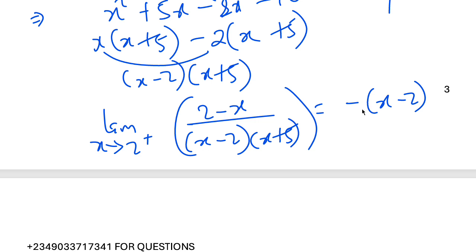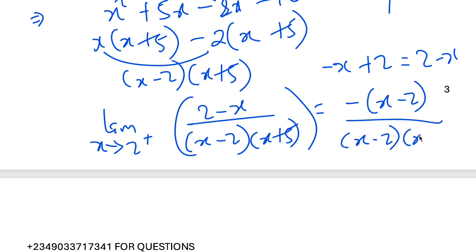If we open this, negative x, negative times negative is positive, gives negative x plus 2, which is 2 minus x. And this cancels with the denominator, and we're left with negative 1 over x plus 5.